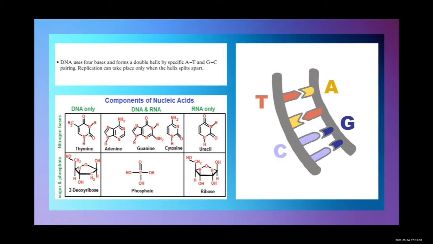So we have thymine, adenine, guanine, cytosine, and uracil. Uracil is only present in RNA, and in DNA, you have thymine where you would have uracil in RNA.